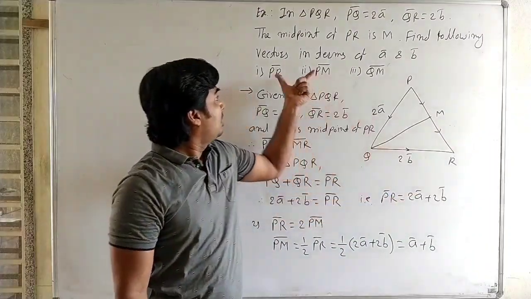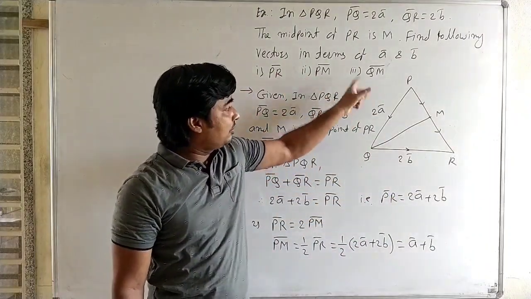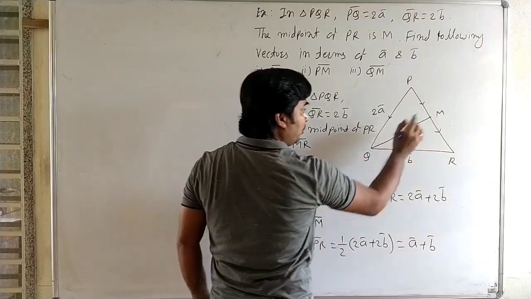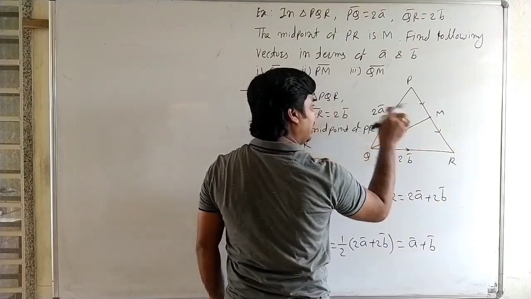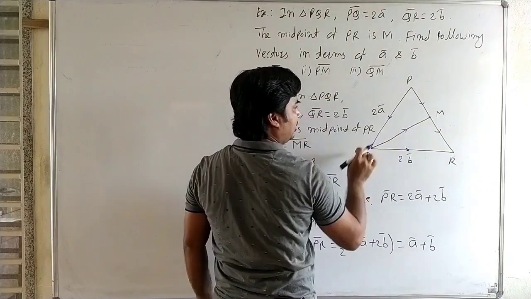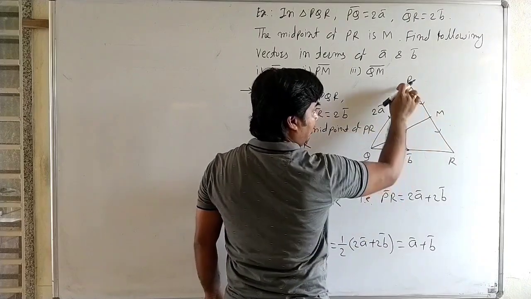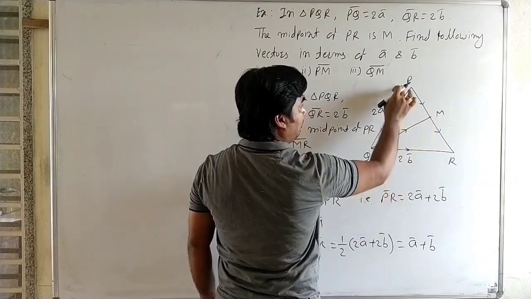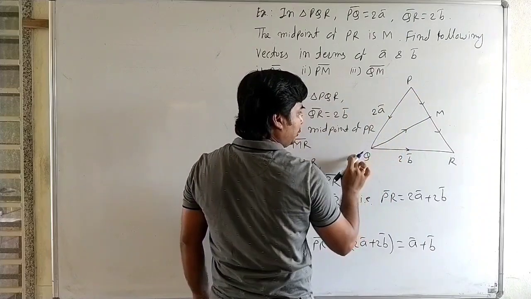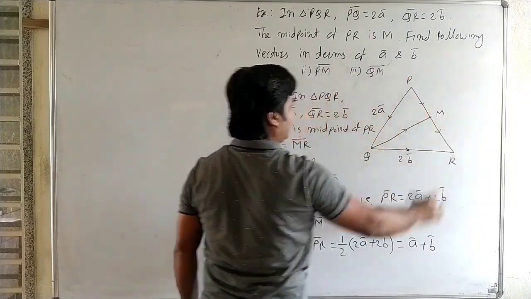The first two questions are solved. Then we find the QM. Now we consider the triangle PQM.